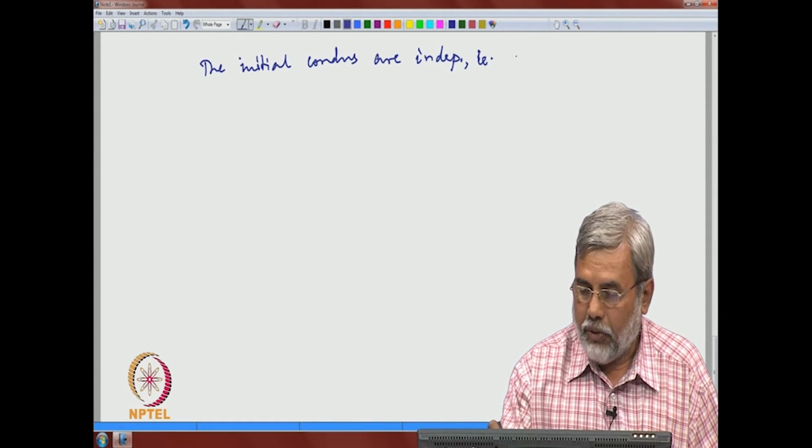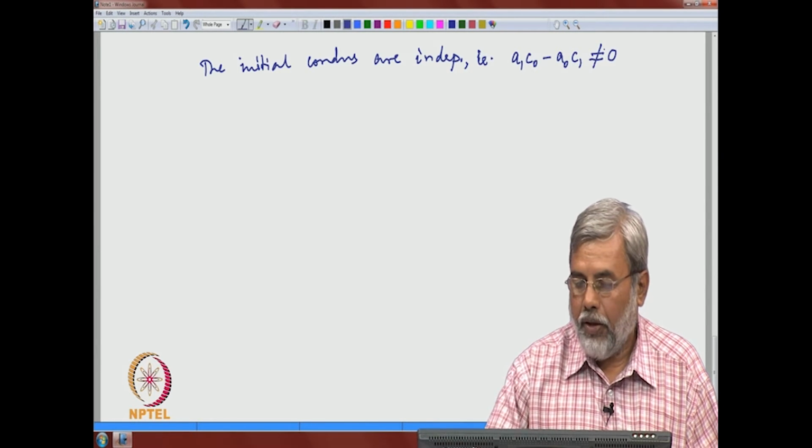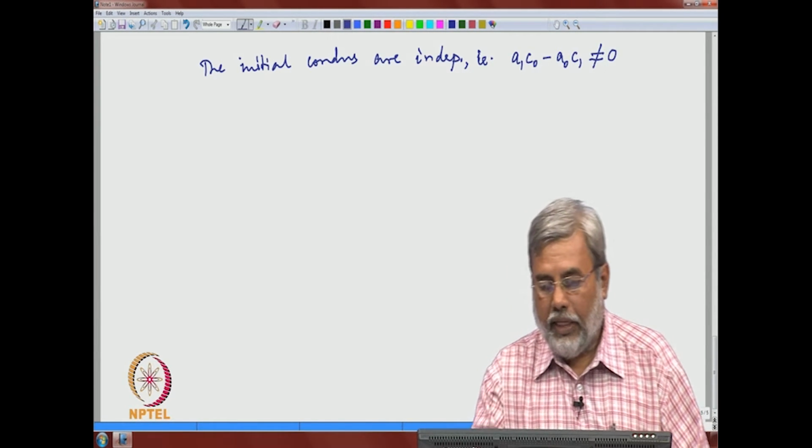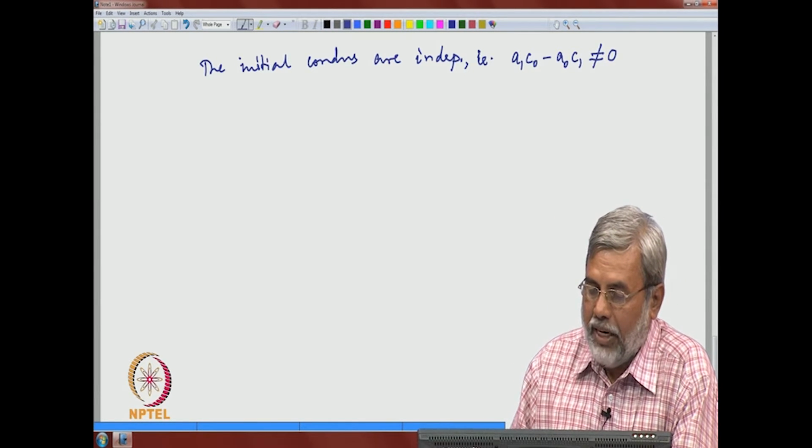That means you have A1 C0 minus A0 C1 not 0. Okay. That is the meaning of the conditions being linearly independent.